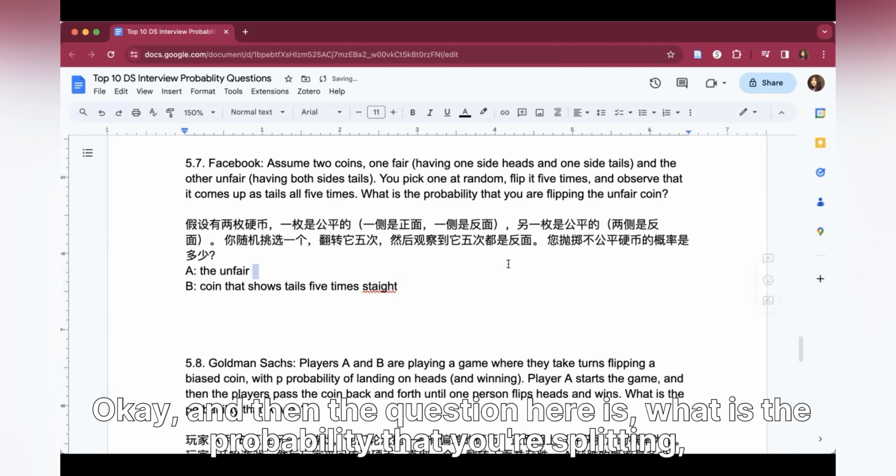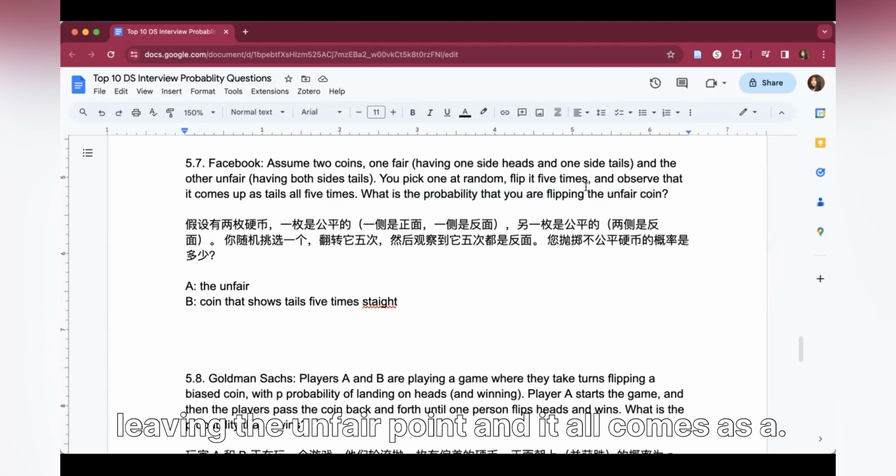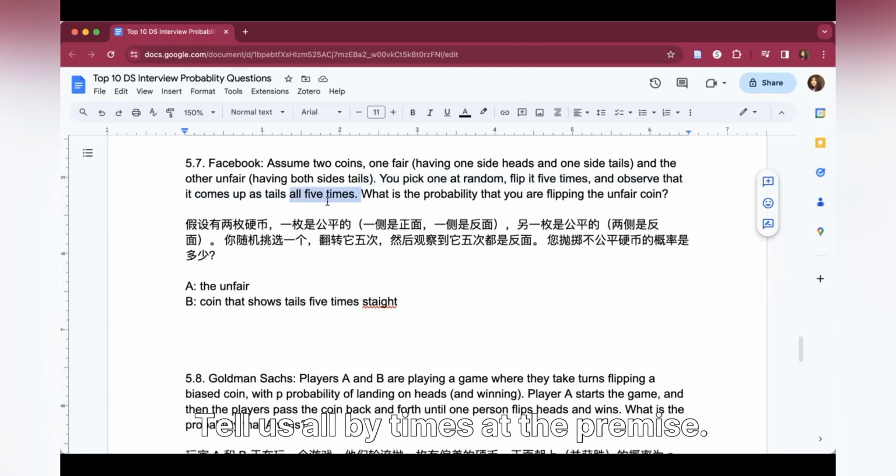The question is: what is the probability that you're flipping the unfair coin, given that it comes up tails all 5 times as a premise?